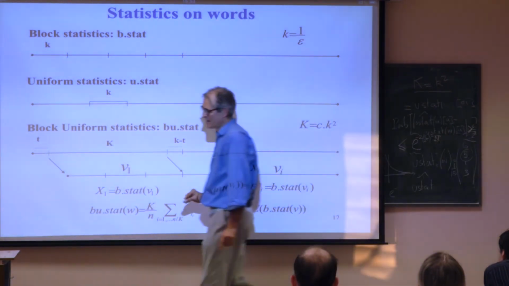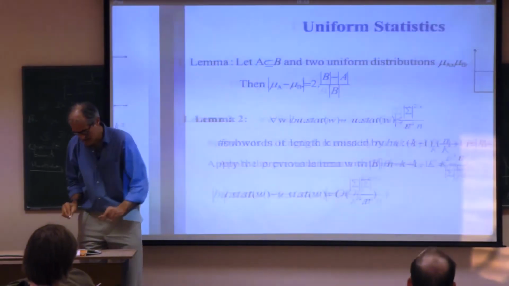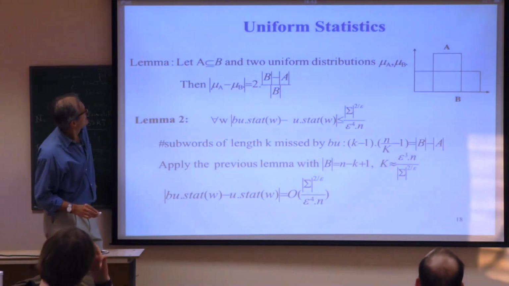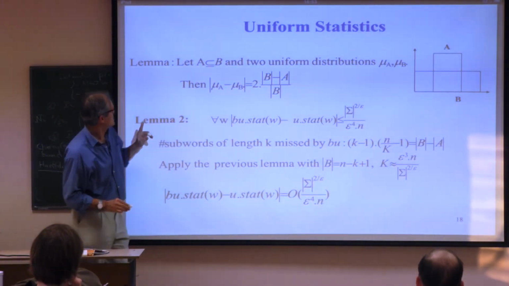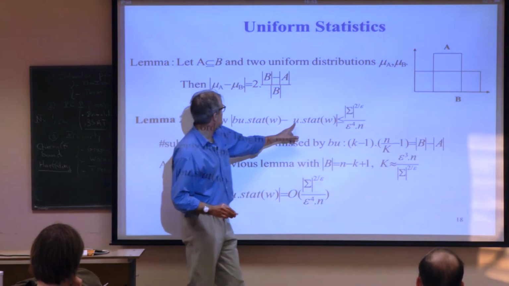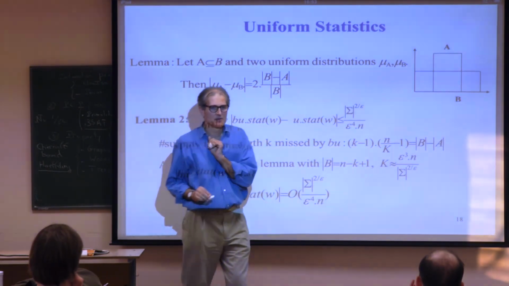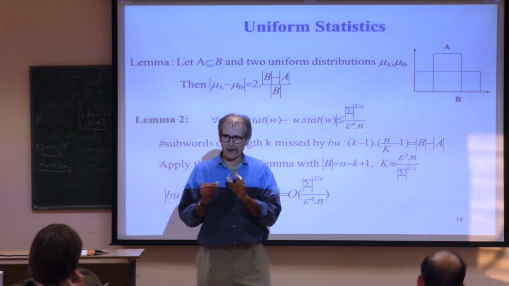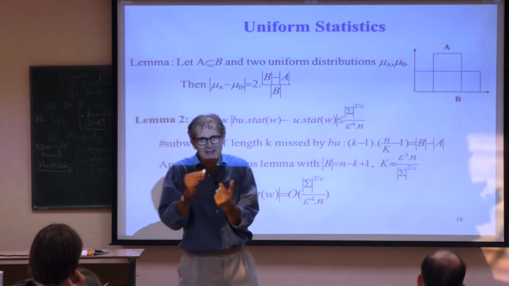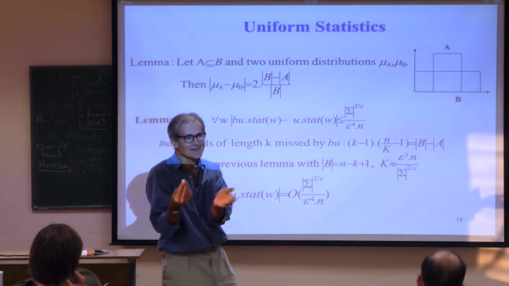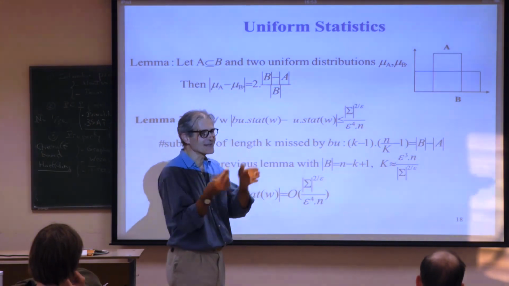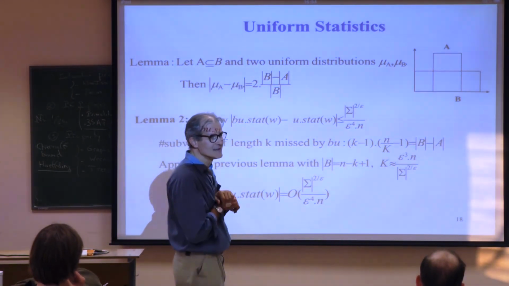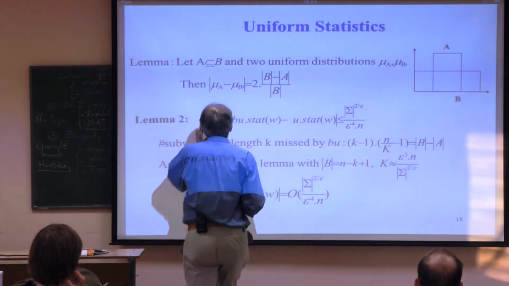And now I want to essentially show that the U stat and the BU stat are very close. Okay, and then I will show that the B stat and the BU stat are very close. So that will give me that the B stat and the U stat are very close. That's the idea.